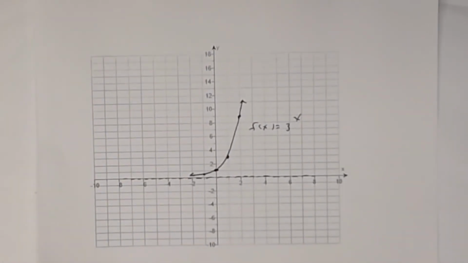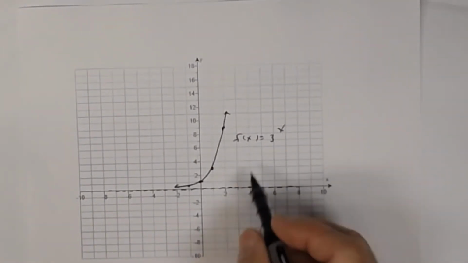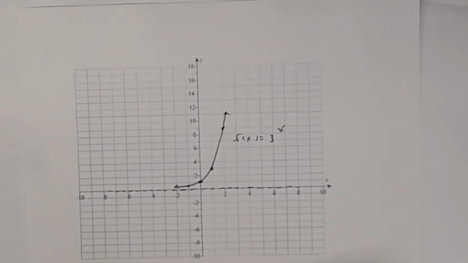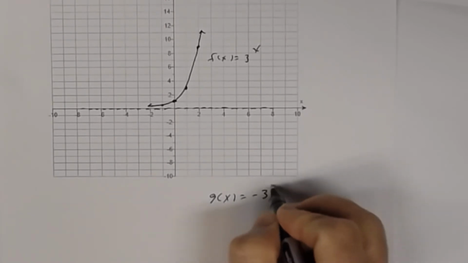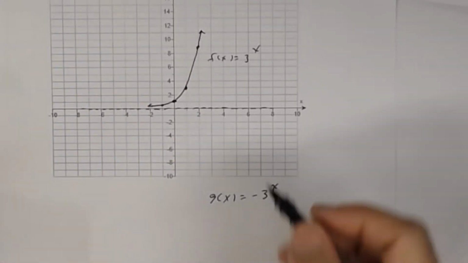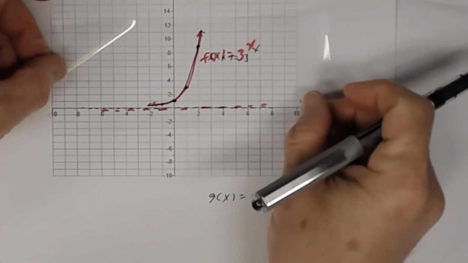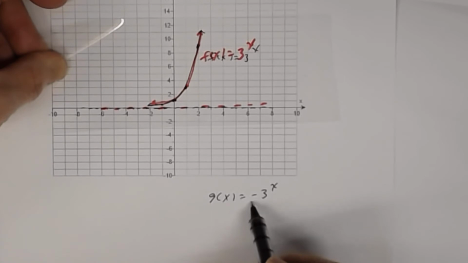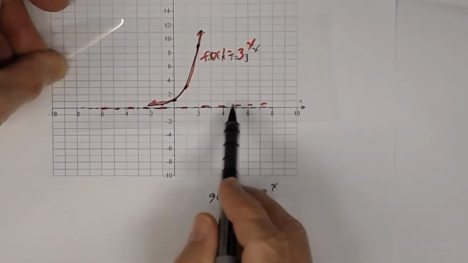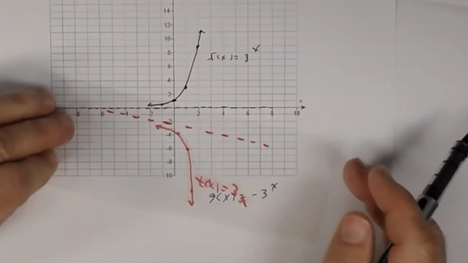If I wanted to look at g of x equals negative 3 to the x, remember, this is f of x equals 3 to the x, which is this right here. All right, so remember in our lesson we talked about the idea of that reflection. So here's my horizontal asymptote. If I reflect this graph about that horizontal asymptote, I get this.